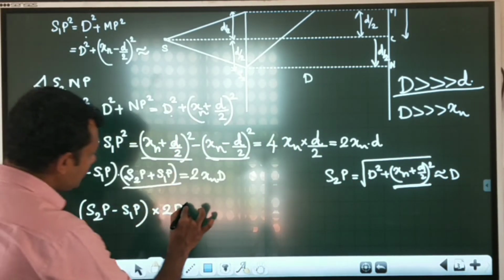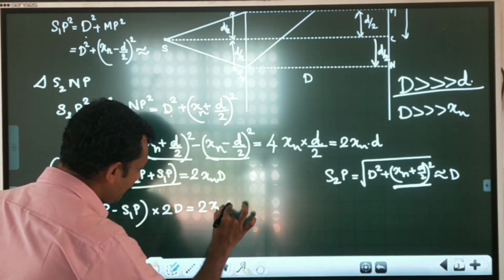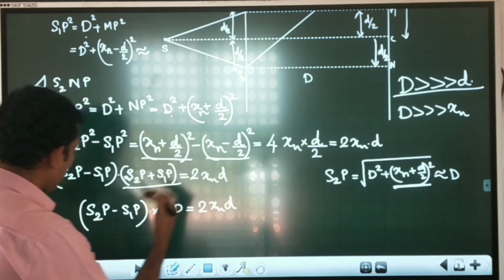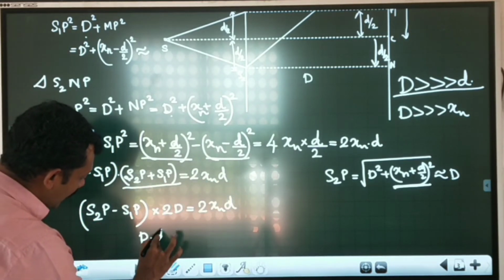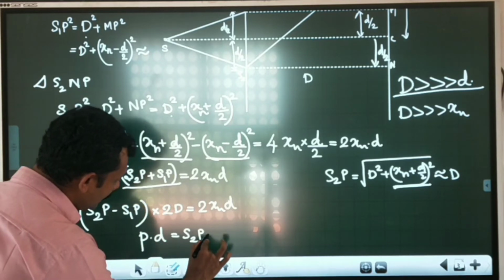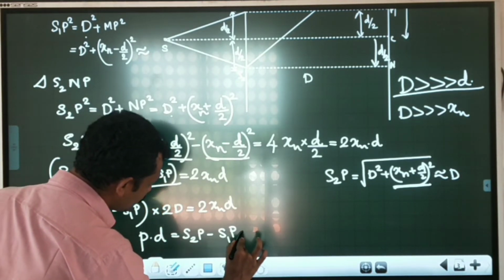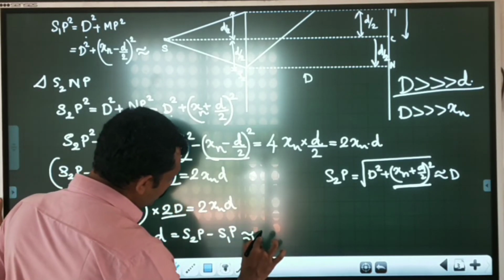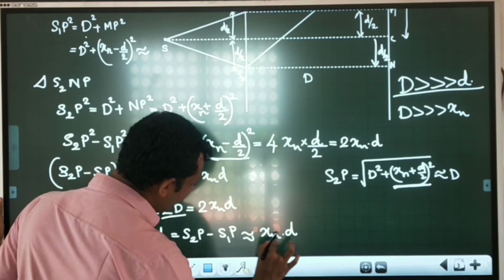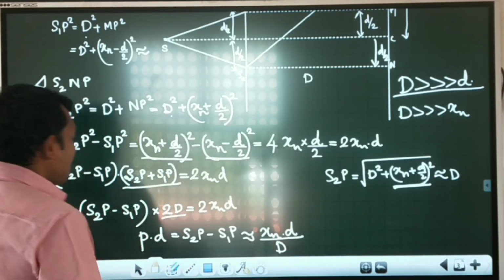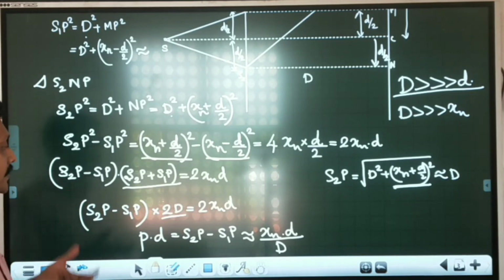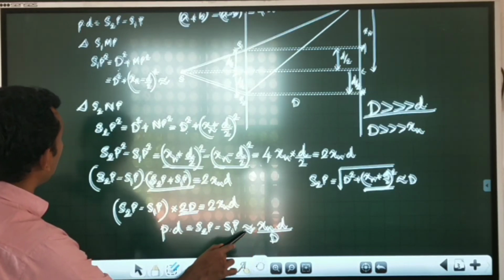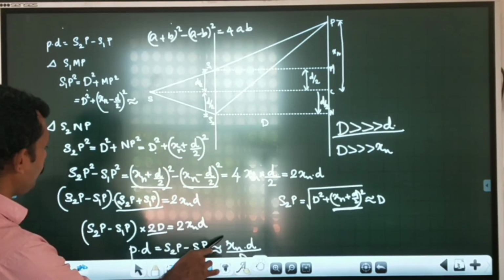So S2P minus S1P into 2D is equal to 2 xn d, which gives path difference S2P minus S1P approximately equal to xn into small d divided by capital D, because I made an approximation here. Path difference S2P minus S1P is equal to xn d divided by D. I will have an opportunity for you to look at these conditions properly once again.